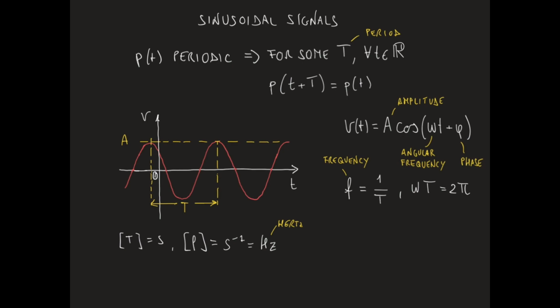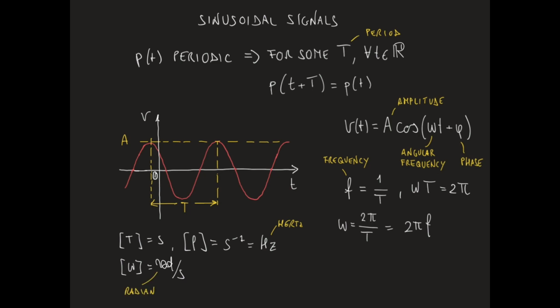From this we get that omega is equal to 2 pi divided by the period, or 2 pi times the frequency. Therefore, the unit of measurement of the angular frequency is radian per second.